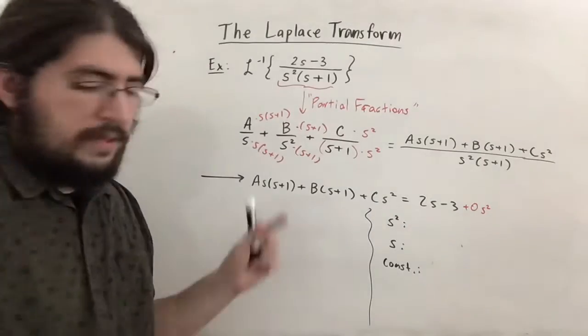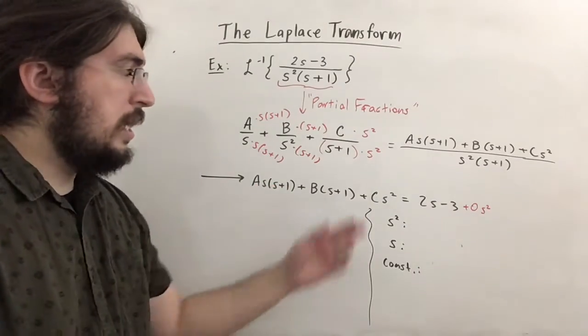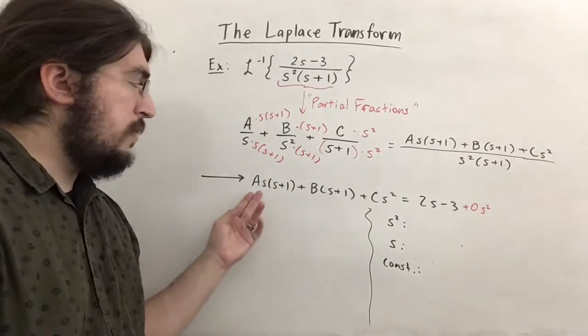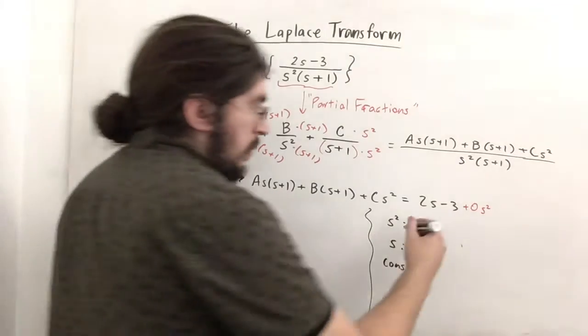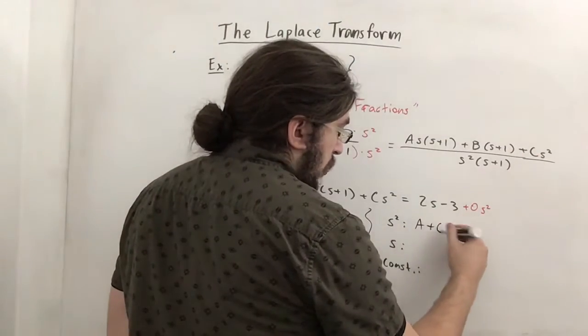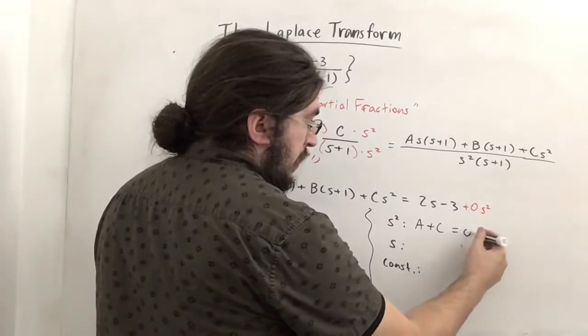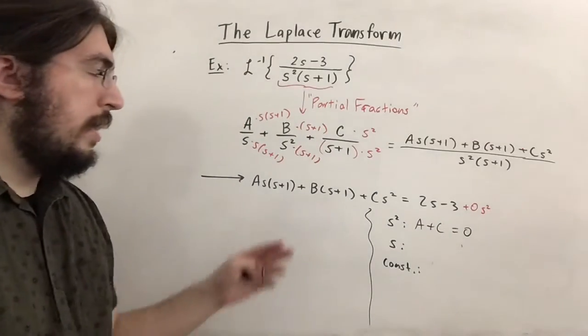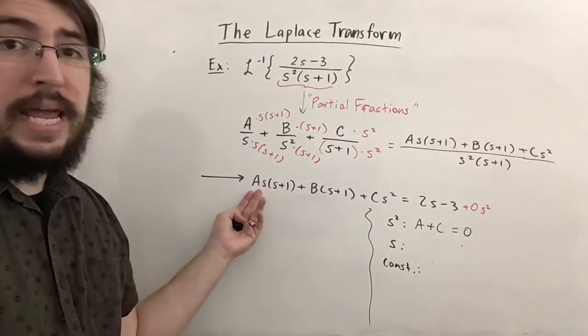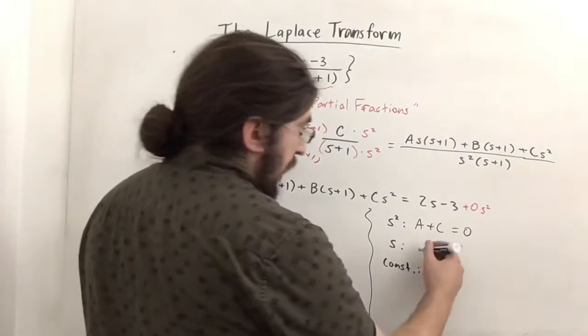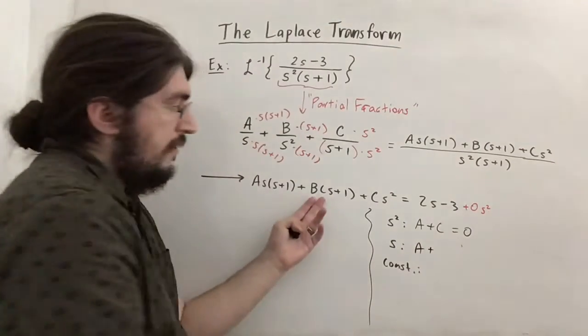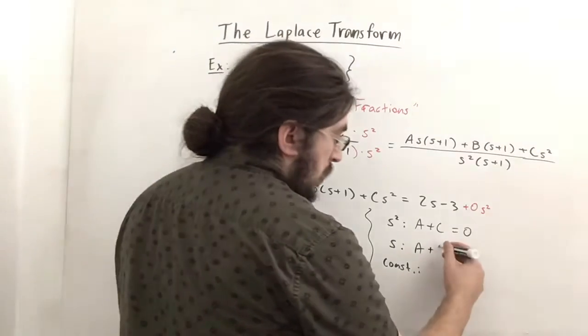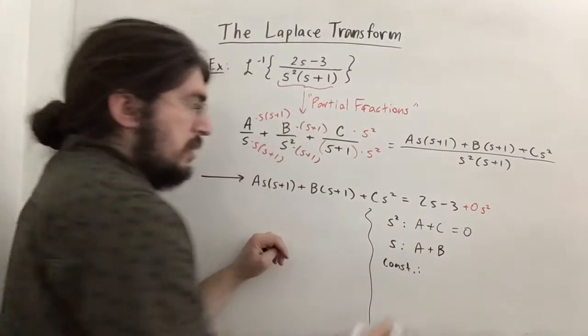Now, if you pick apart the s squared coefficients, here we have c, and if you distribute this as, you get as squared. So a plus c will be the coefficient of s squared on the left, and you get 0 on the right, of course. Now for s, again, if you distribute this, as times 1 is as, so that's a, plus, if you distribute this b, you get b times s. So a plus b would be the coefficient of s.